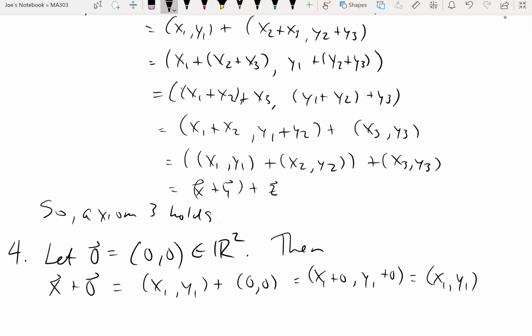But that's just adding regular old 0. So I get x back again. We should check that this works on both sides, although since we already checked that the operation's commutative, this one should be straightforward.